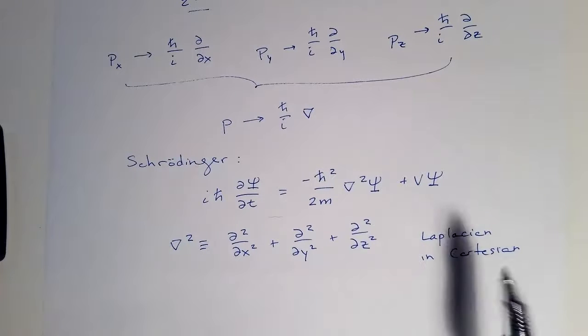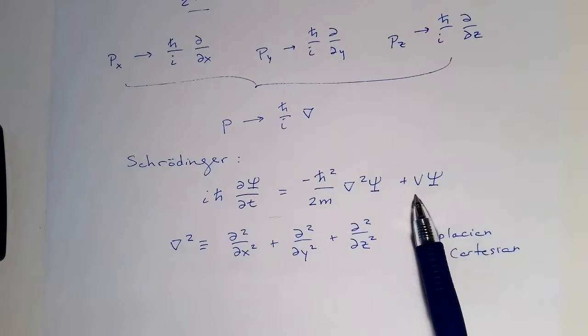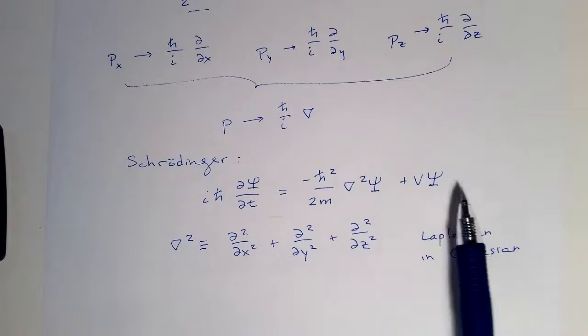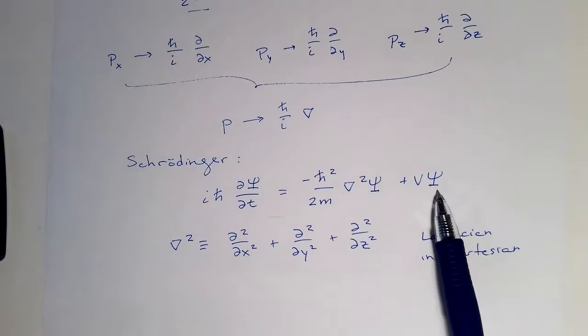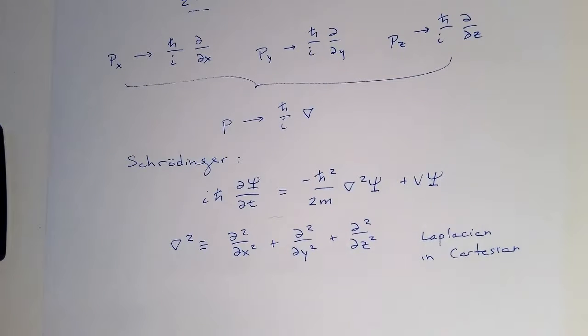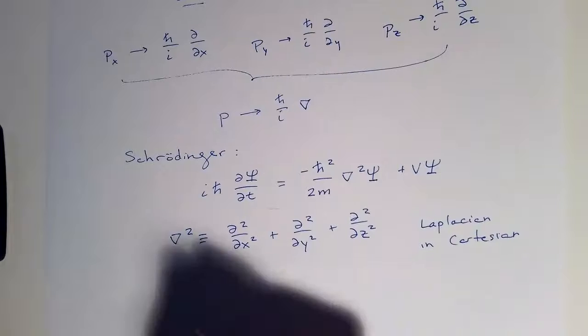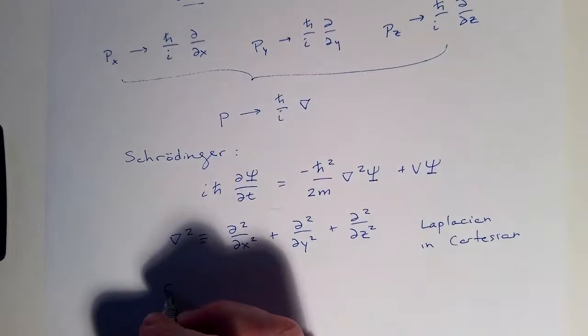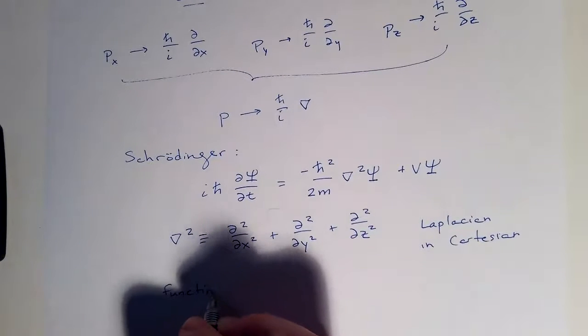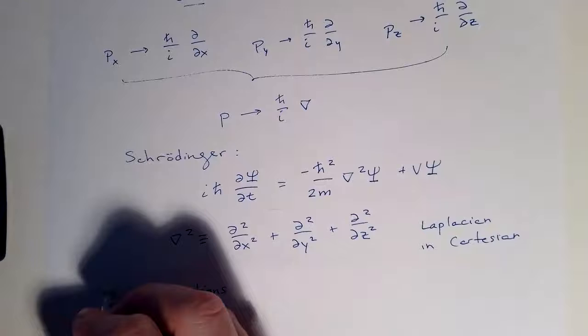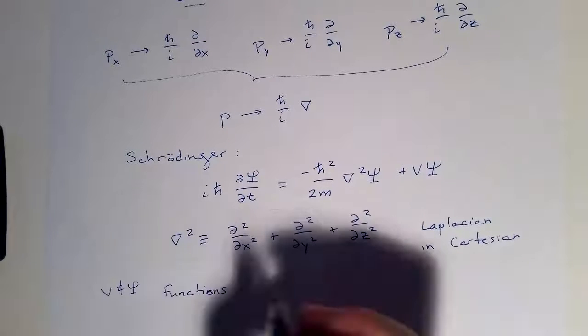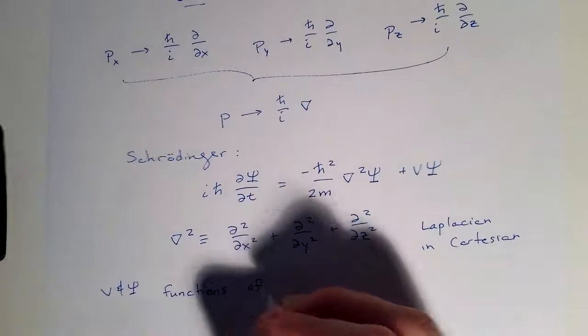And again, that V is your potential energy. Your wave function, of course, is just a function. And all of these can be functions. So we could write both of these of a position.